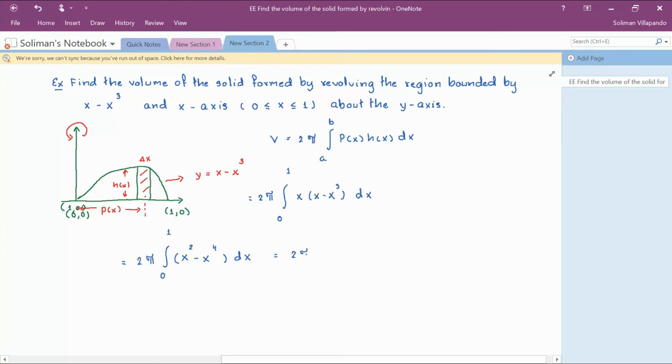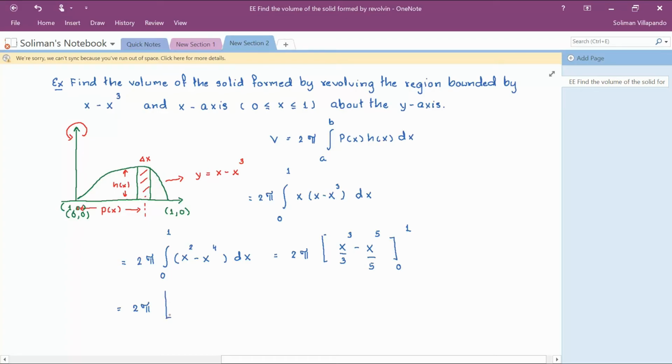So it's 2 pi, with upper bound and lower bound 0 to 1. I'm going to have x cubed over 3 minus x to the 5th over 5, and my integral is from 0 to 1. Let's finish our calculation.